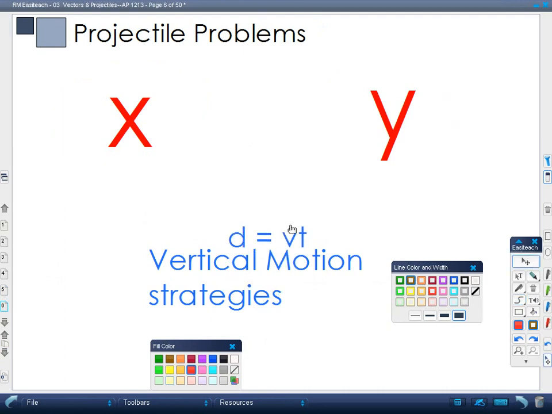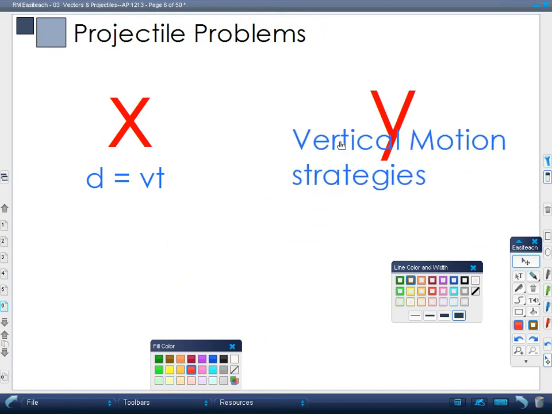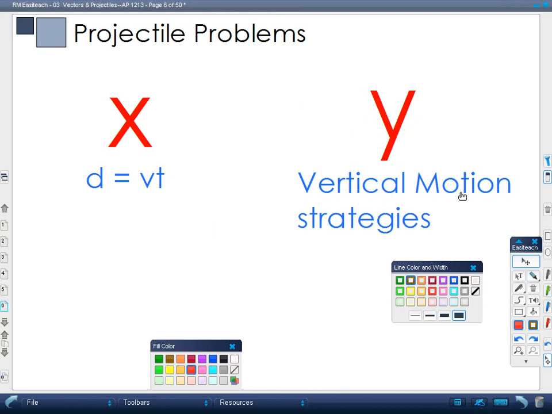When you're thinking about the horizontal, you want to be thinking about this equation, d equals vt. Why? Because this is horizontal motion. There are no other kinematic equations that apply because all the other kinematic equations have acceleration in them. And for the y, there's no simple answer, but you want to think about vertical motion strategies. All the kinematic equations will apply.